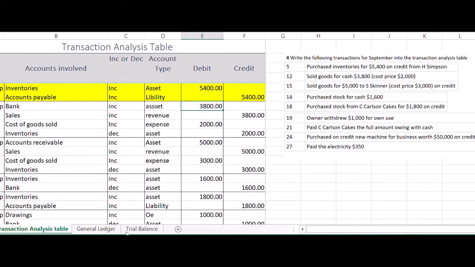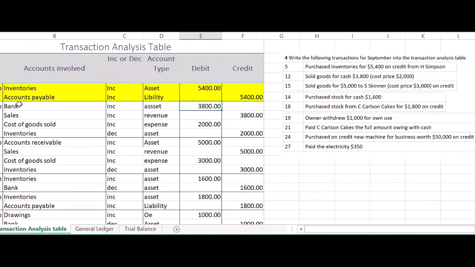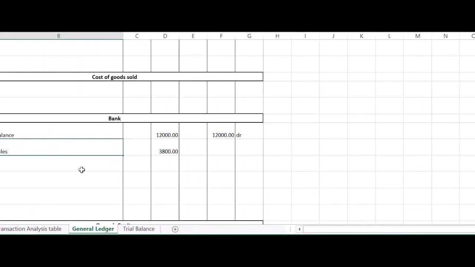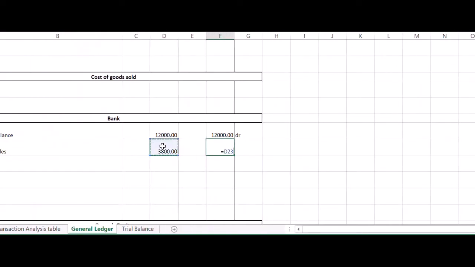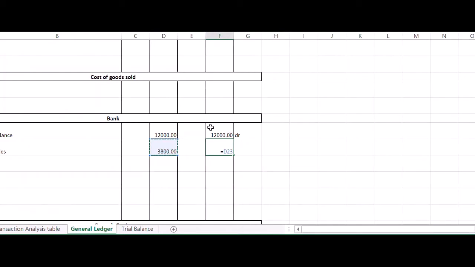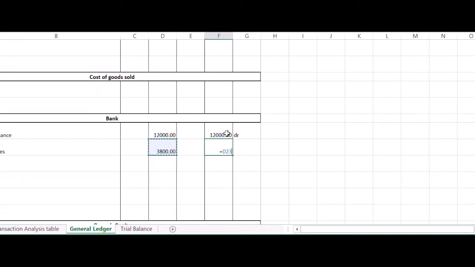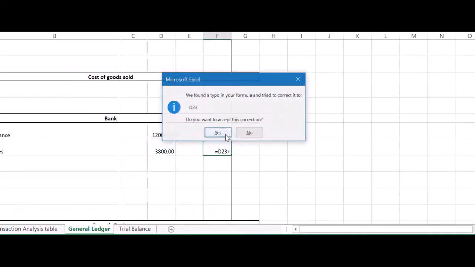This is on the 12th of September. I'm going to record why this transaction was occurring, or the other account involved in the transaction, which is sales. For the balance column, since I've got a debit balance here, and I've already got a debit balance here, $12,000 debit, I'm going to add them both together to keep this balance going.